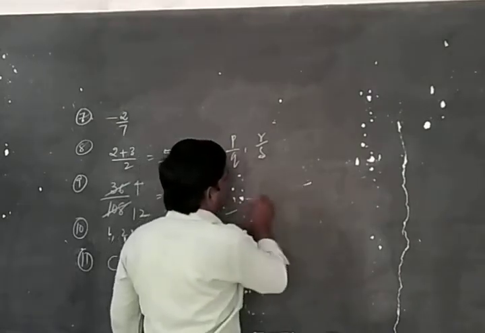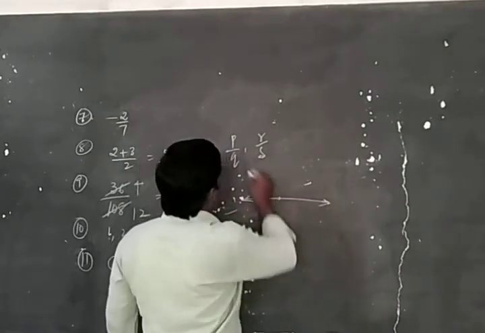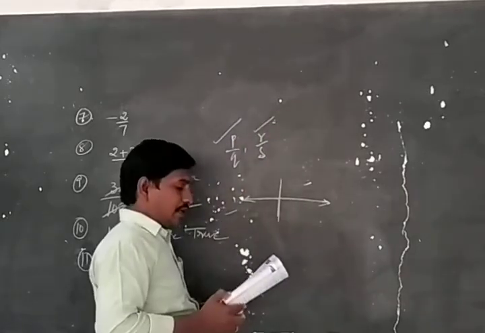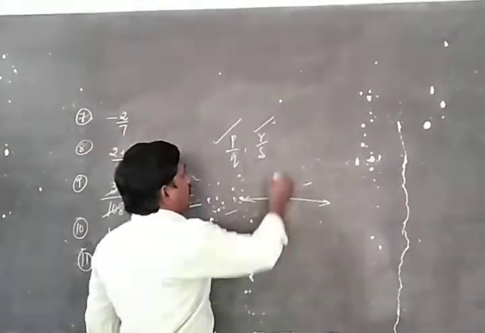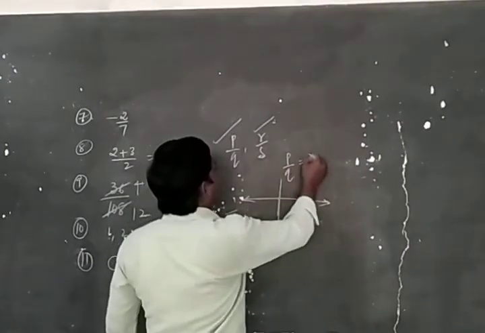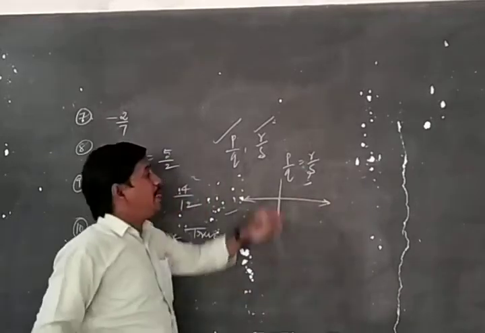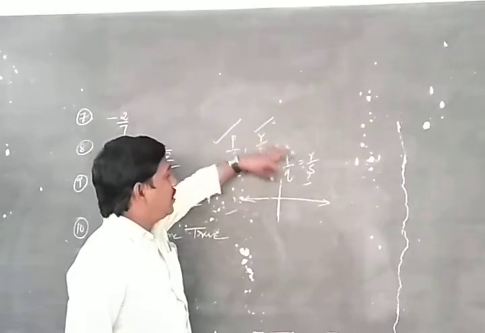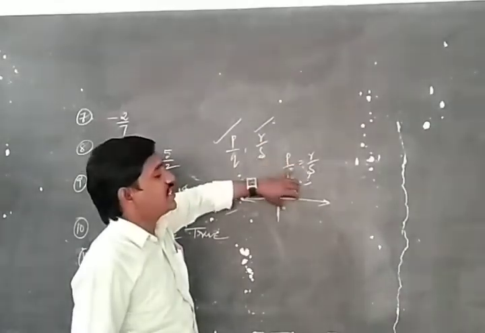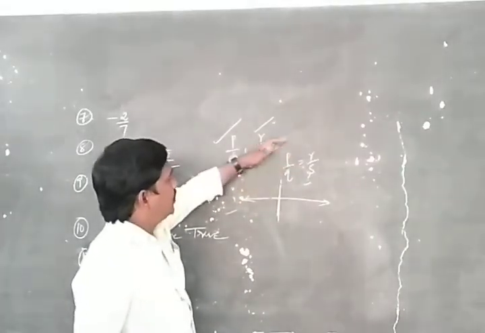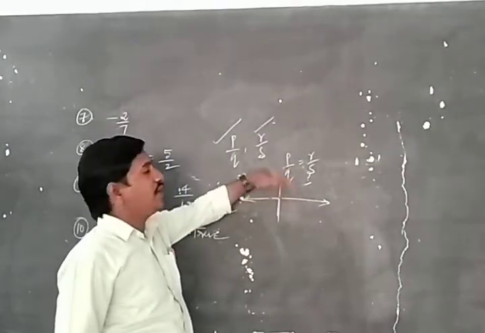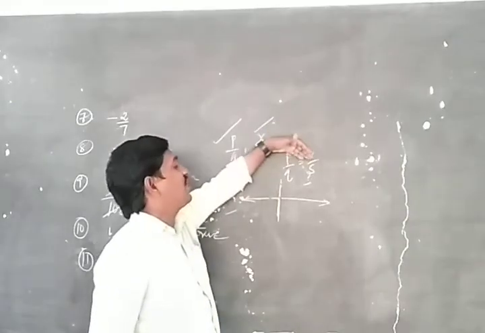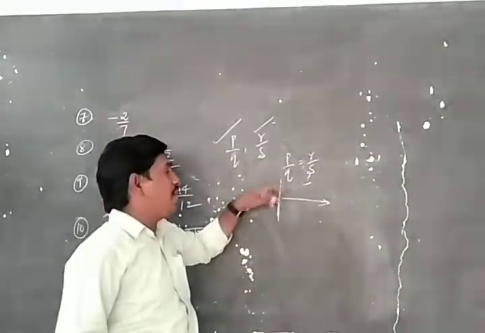This is the number line. Same point. P by Q and R by S corresponding to the same point, then P by Q equal to R by S. So when P by Q equals R by S, we can mark them on the same point. Both rational numbers, if they are equal, we can indicate on the same line, same point.